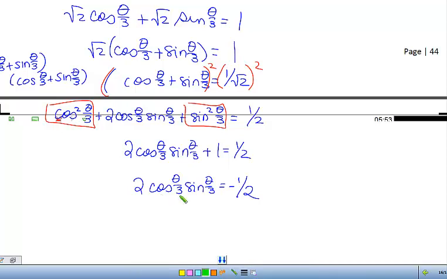So this is my alpha. So I've got 2 cosine alpha sine alpha. That fits the formula for my double angle identity.